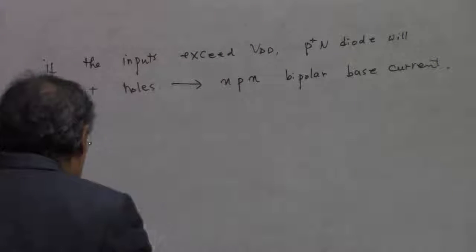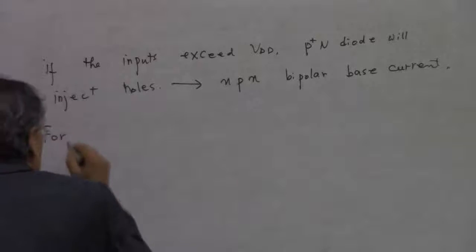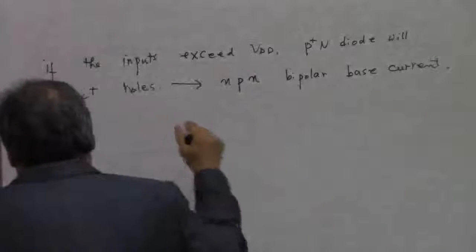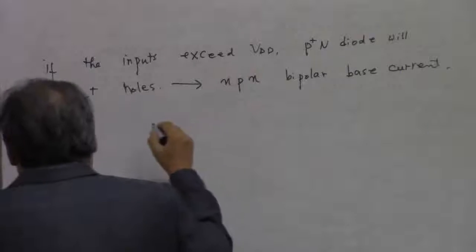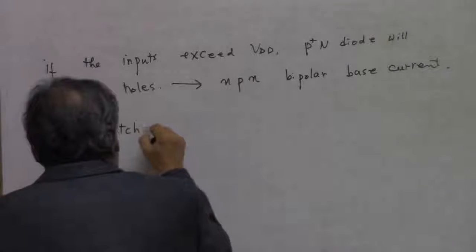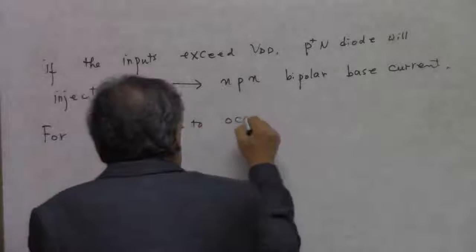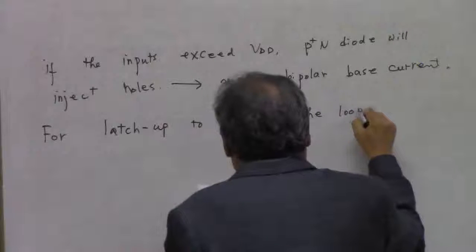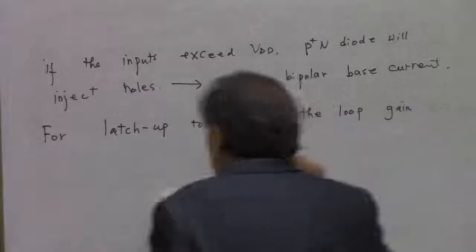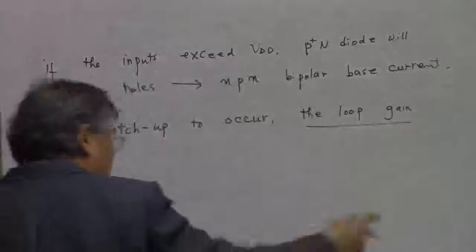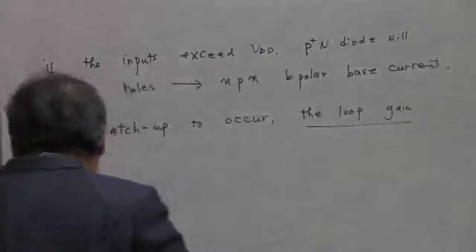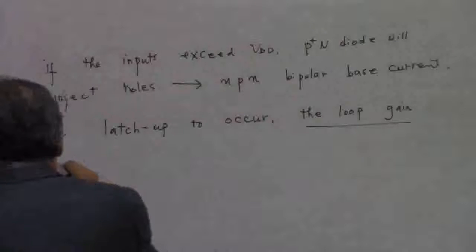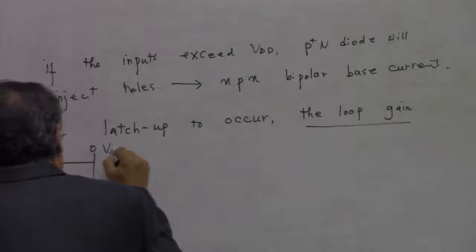And it has been studied actually at Stanford University, in his PhD thesis, for latch up to occur. He found the loop gain. The loop gain means the circuit corresponding to the latch up that we have discussed, which is again VDD.